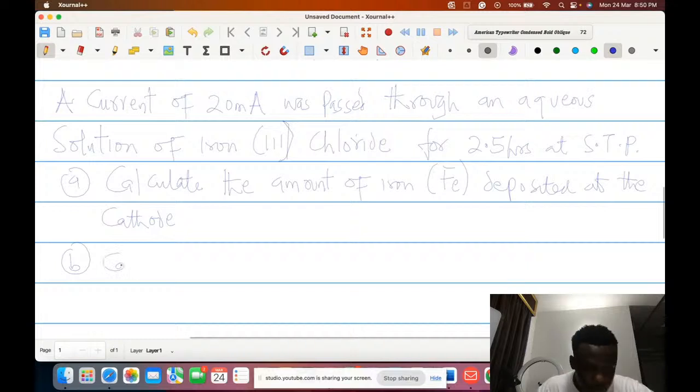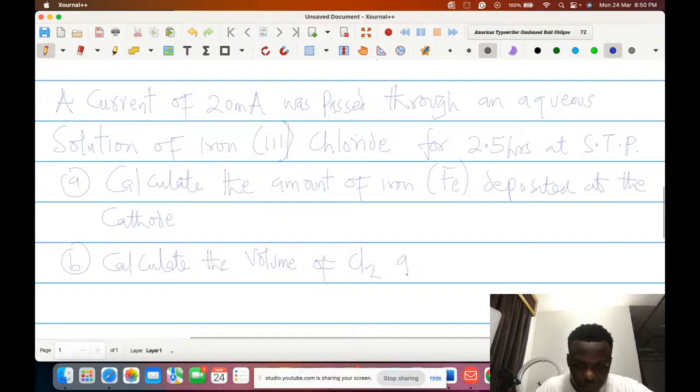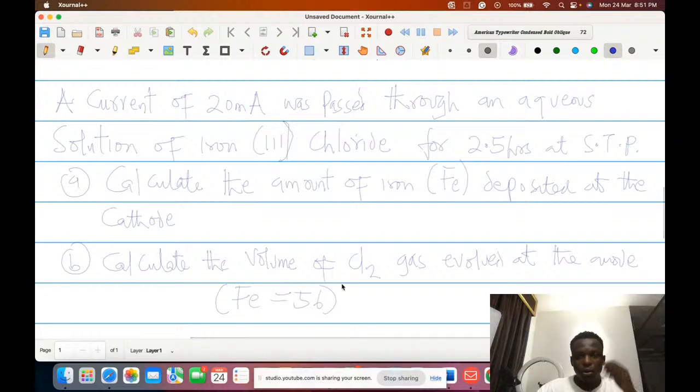B, calculate the volume of Cl2 gas evolved at the anode. Now, they said take molar mass of Fe to be 56.